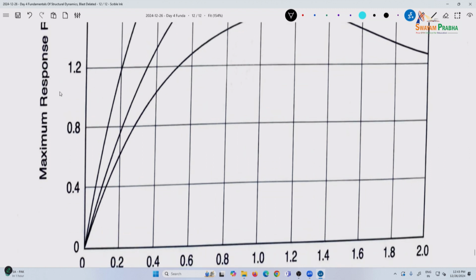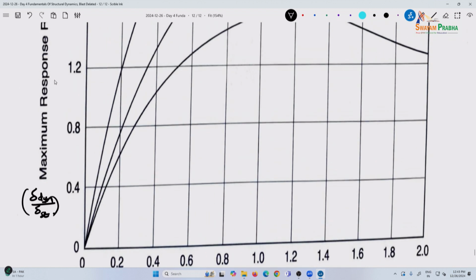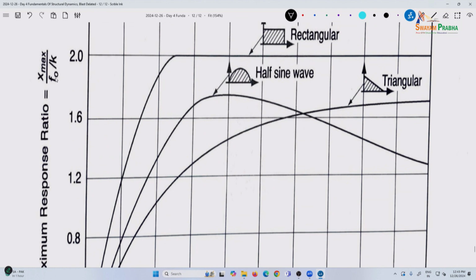So, now you see the maximum response ratio here. This is delta dynamic by delta static, as suggested by you, I had nothing to do with it, against Td by Tn. These are for triangular loads and half sine wave. This is not something we would do in rectangular loads. We have the equation, you should be able to get these two.